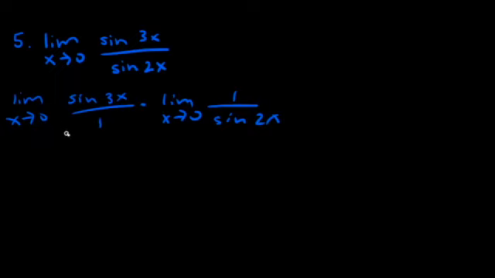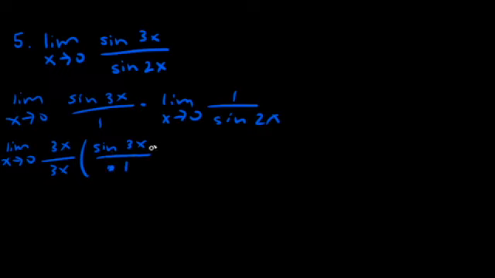And so for the first one, we're going to have to multiply by 3x to make the theorem apply. So we get limit as x approaches 0, and we're multiplying by 3x on both sides. So this 3x will go on the bottom, and we're multiplying by the limit as x approaches 0, and we'll have to multiply by 2x on this side.